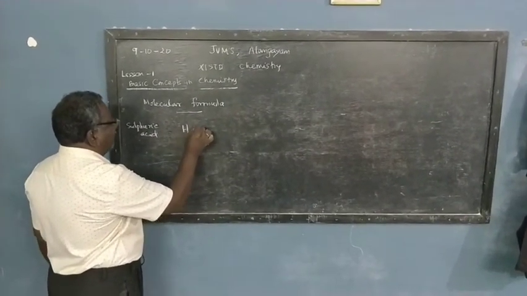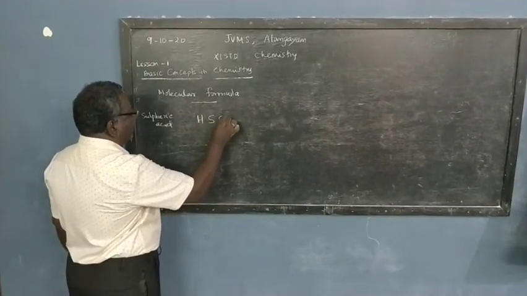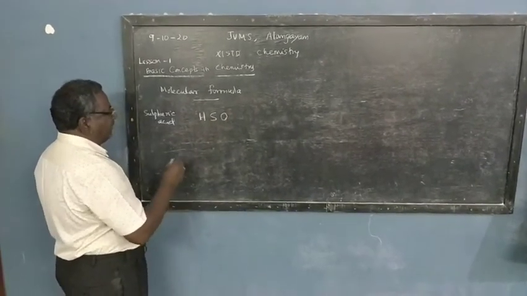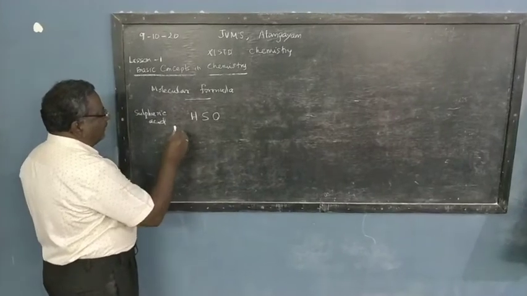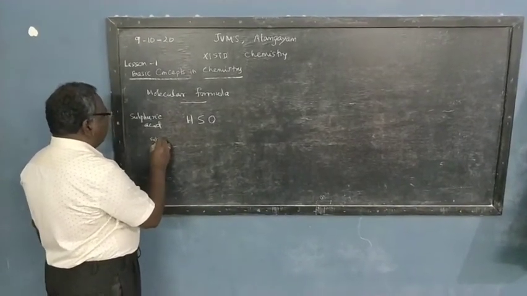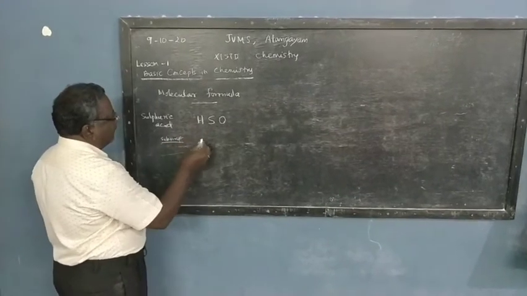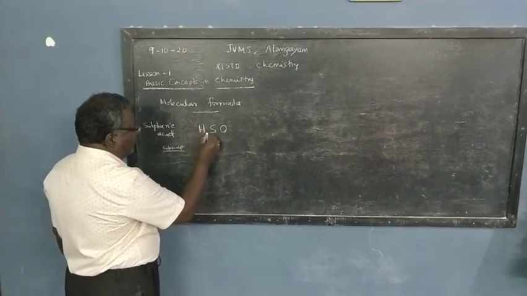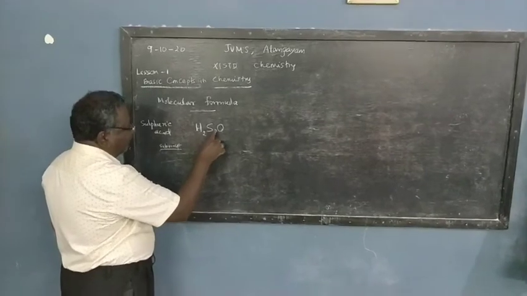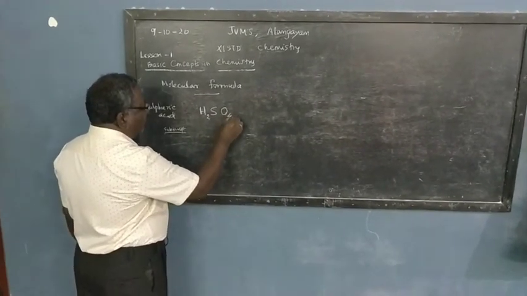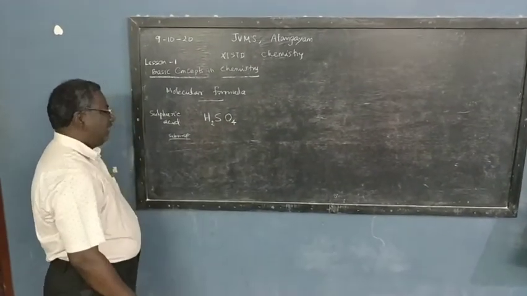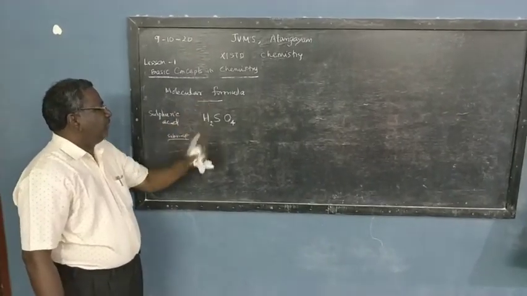It has hydrogen, sulfur, and oxygen. After that, we write the numbers as subscripts. Hydrogen, 2 atoms are present. Sulfur, 1 atom is present. Oxygen, 4 atoms are present. Right? Therefore, what is the molecular formula?